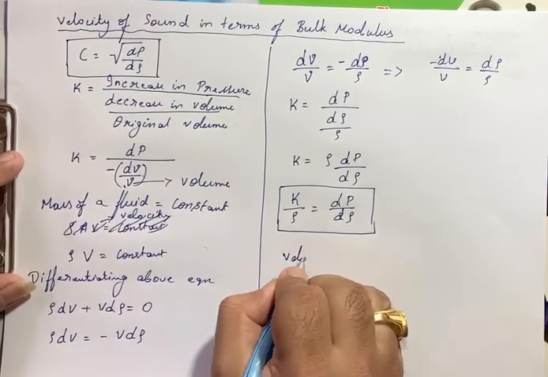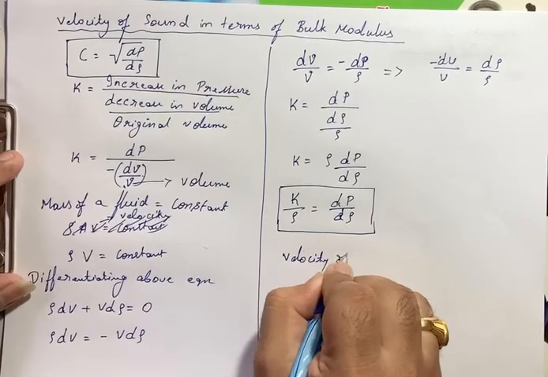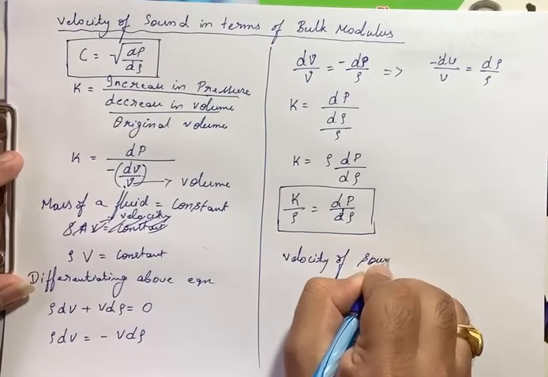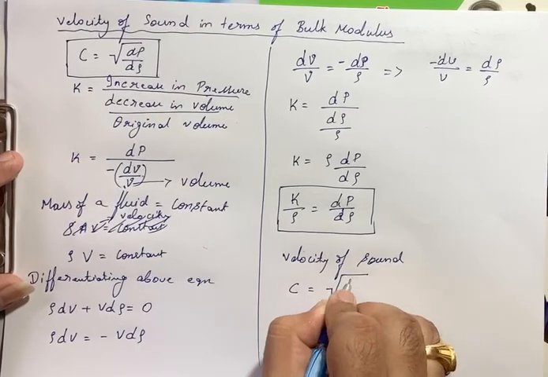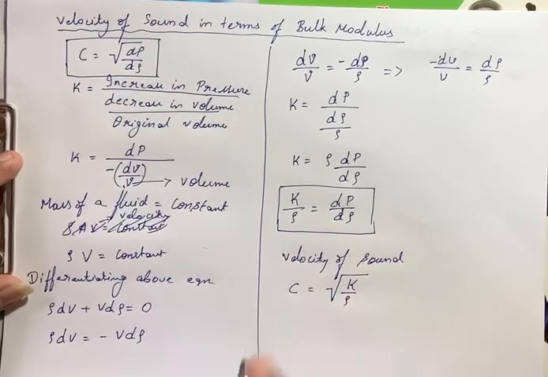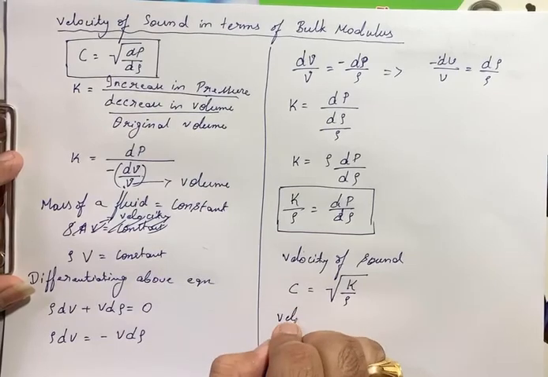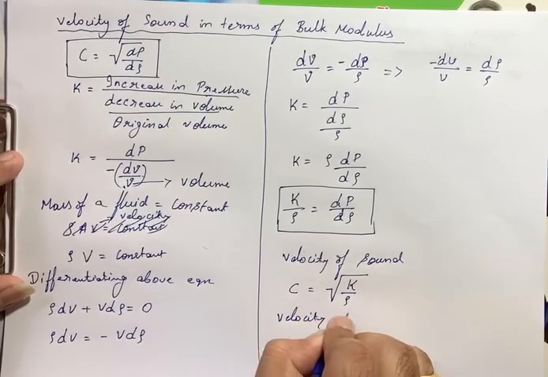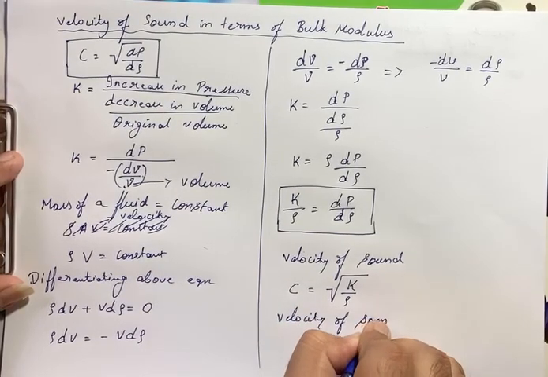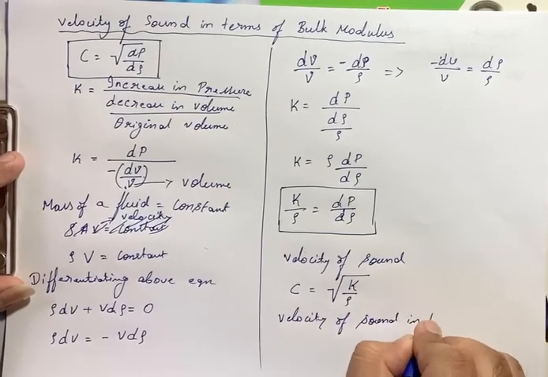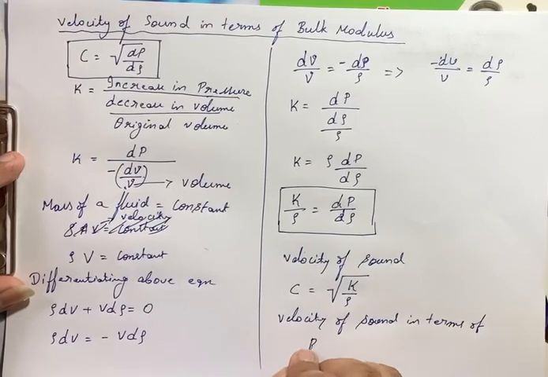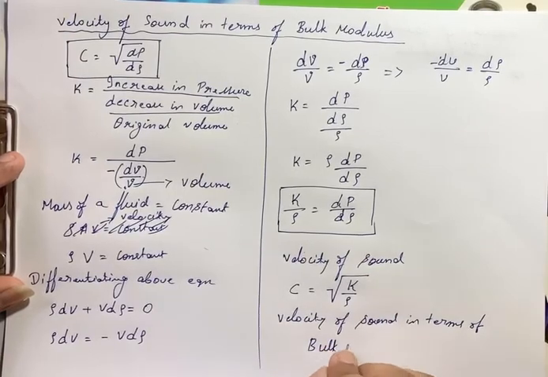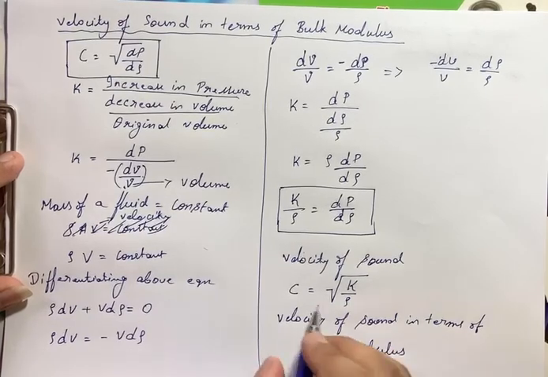the velocity of sound c is equal to the square root of K divided by rho. This is the velocity of sound in terms of bulk modulus, right?